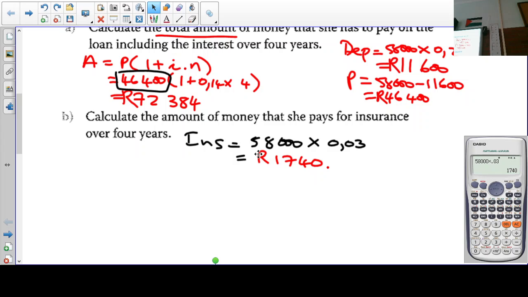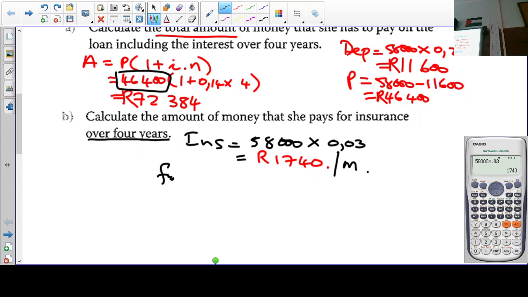Okay? It says calculate the amount of money that she pays for insurance over 4 years. But this is the monthly installment. Not so. This is per month. But they want to know the amount of money she pays for insurance over 4 years.